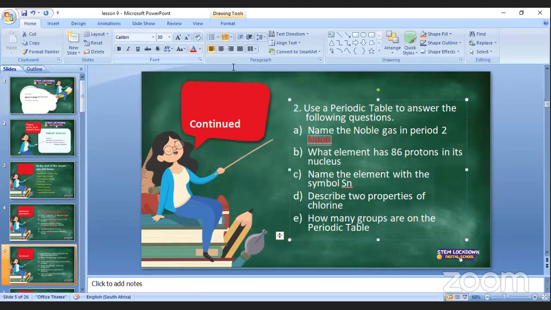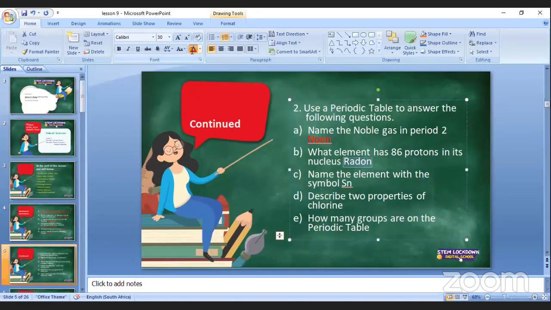They say to you, what element has 86 protons in its nucleus? So it's radon. Radon from your periodic table, grade 9s. All these answers, we take them from the periodic table. Remember yesterday I explained to you, I said, make sure that the periodic table becomes your best friend.